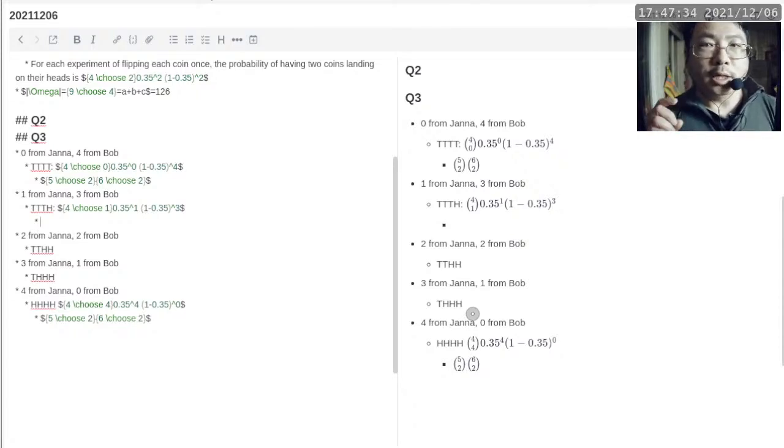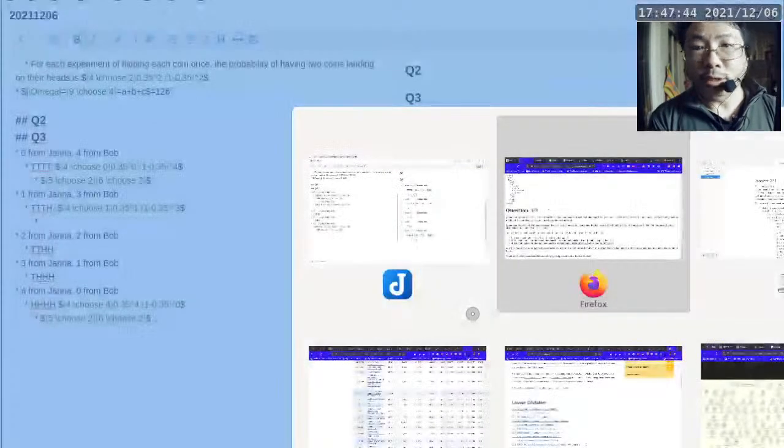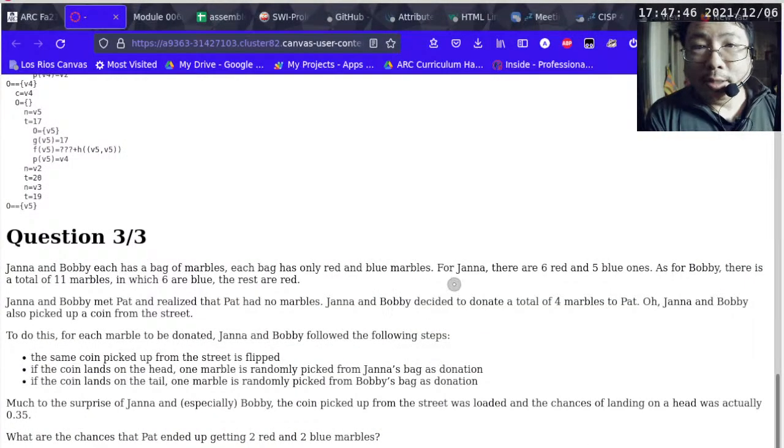So the one coming from Jana can be a blue or a red marble, right? So that means now we have 2 cases. Of the 2 cases, I have to really remember which one is which, because they both have 11 marbles and the split is 6 and 5, but it's not 6 red and 5 blue. One is 6 red and 5 blue, and the other one is exactly the opposite, which is 5 red and 6 blue. Okay, so Jana has more red to begin with. Okay, fine.